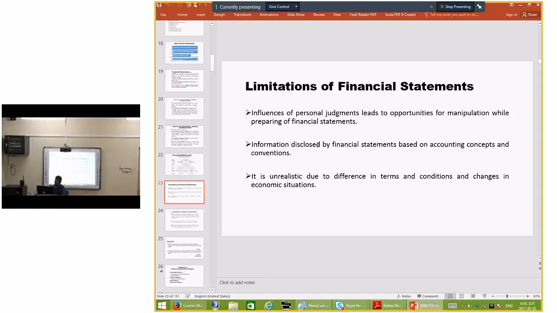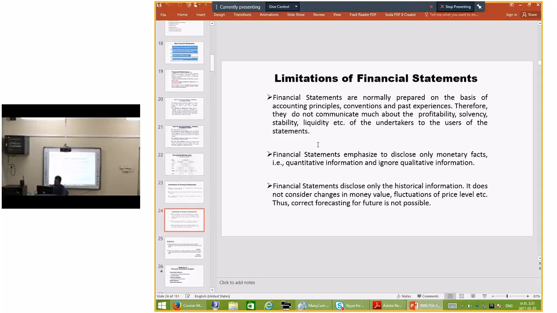Then financial statements are normally prepared on the basis of accounting principles, conventions, and past experience, and therefore they do not communicate much about the profitability, solvency, stability and liquidity of the undertaking to the users of the statements.